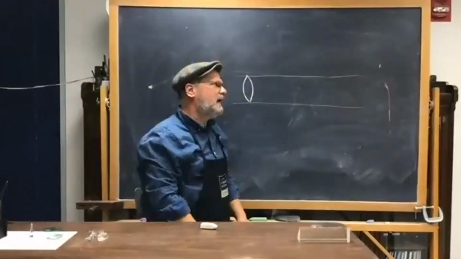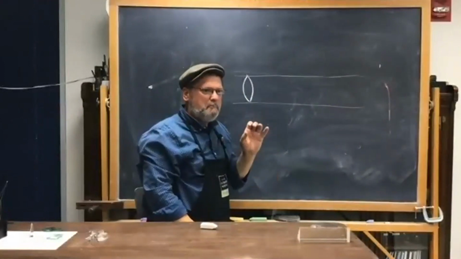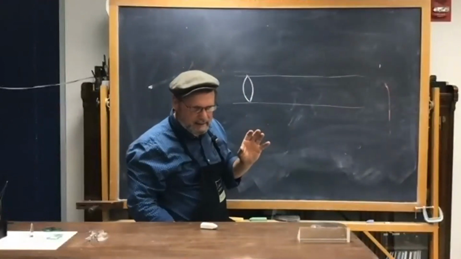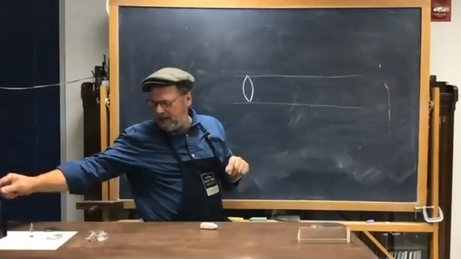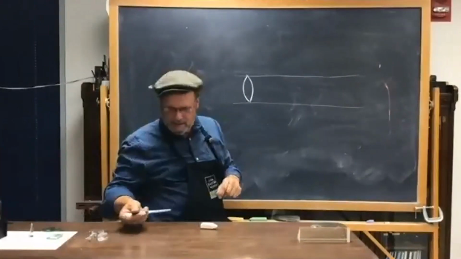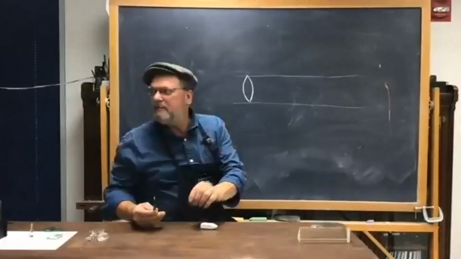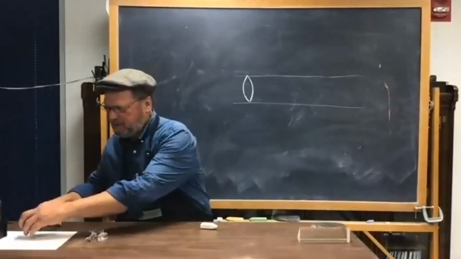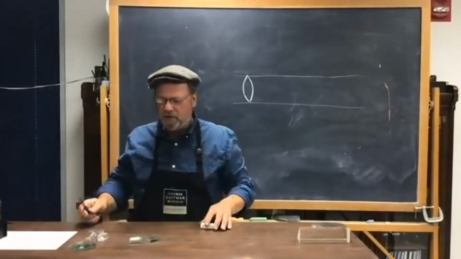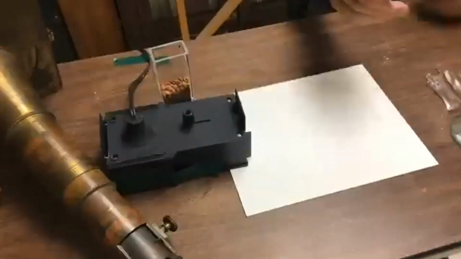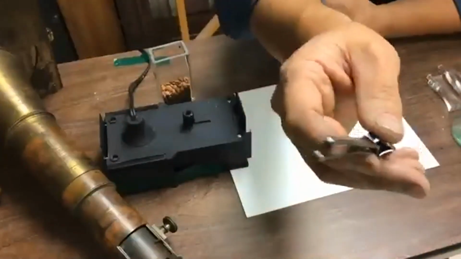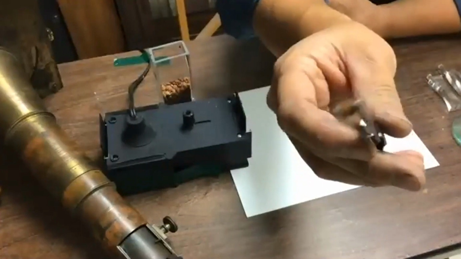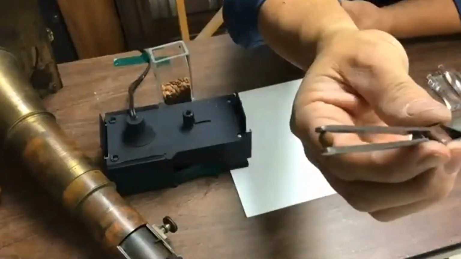It is a biconvex lens. And actually the word lens, can you give me camera number 2? Let me see if I can show this on camera number 2. The actual word lens comes from this. Can you see that?